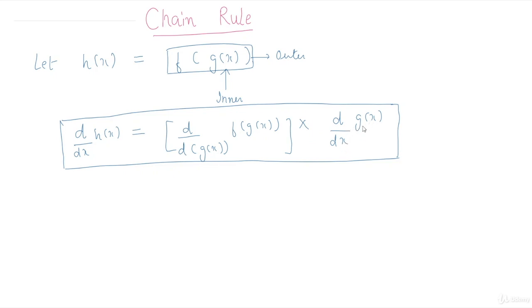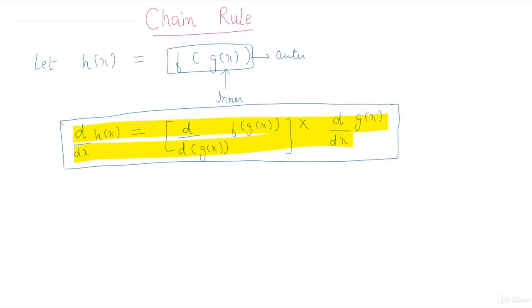And in here, the inner function is defined on parameter x, and hence we differentiate with respect to x. Hence we write it as d by dx of g of x, and this is the chain rule. So this is a very important rule when we talk about derivatives. This will really help you in solving a wide variety of problems when we are dealing with derivatives. So this is the chain rule.